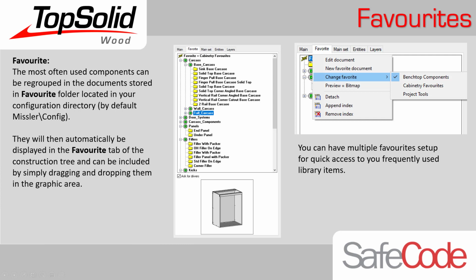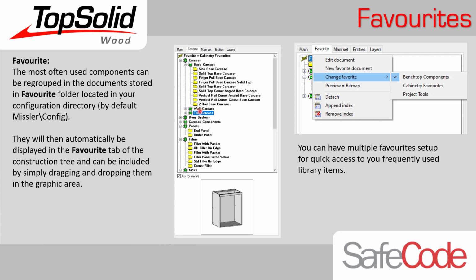So when we're having a look in here, we access the favorites and we have categories set up in there. In this screenshot we have cabinetry favorites. Under our carcasses we have our most commonly used carcasses.